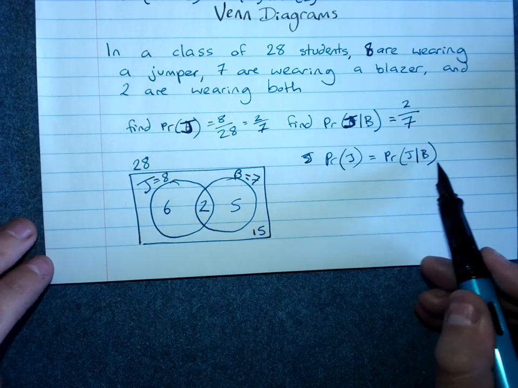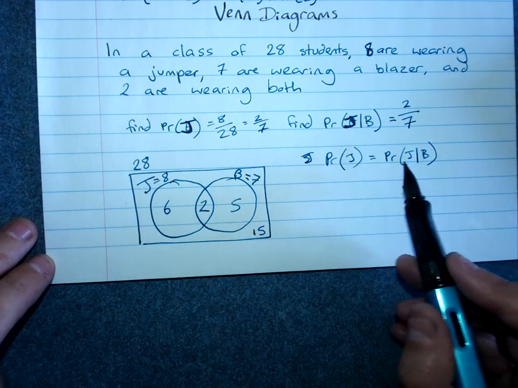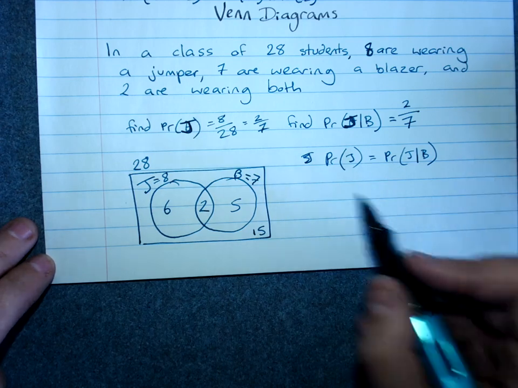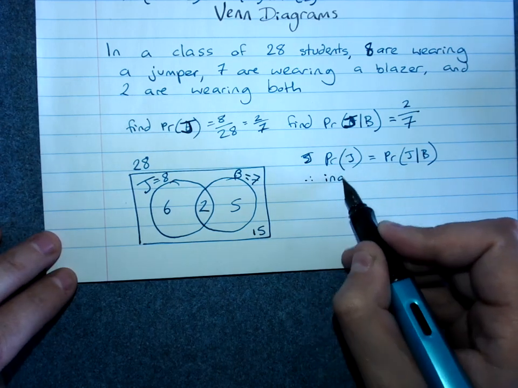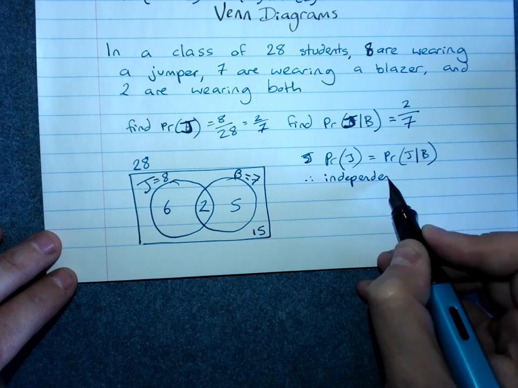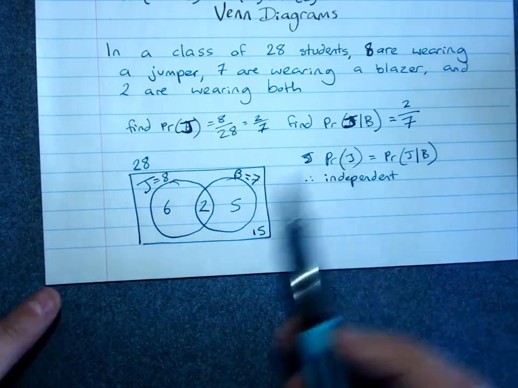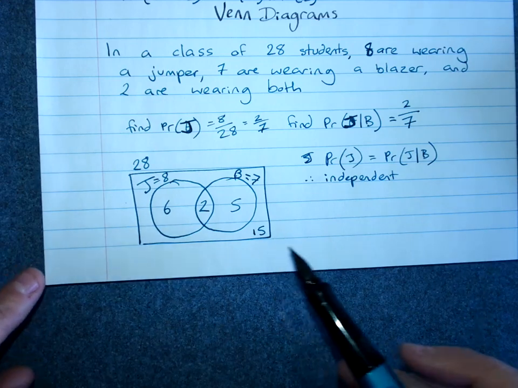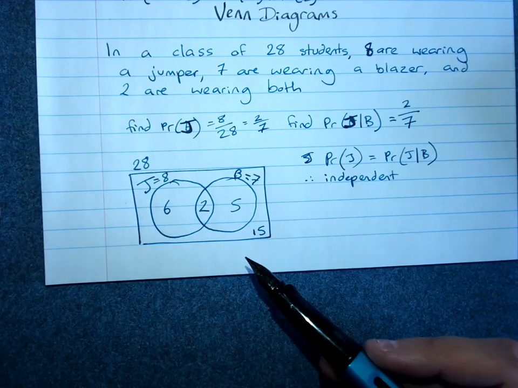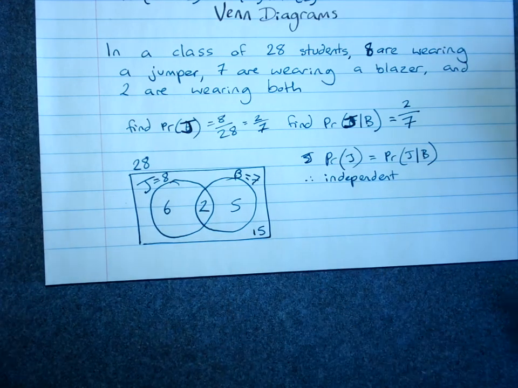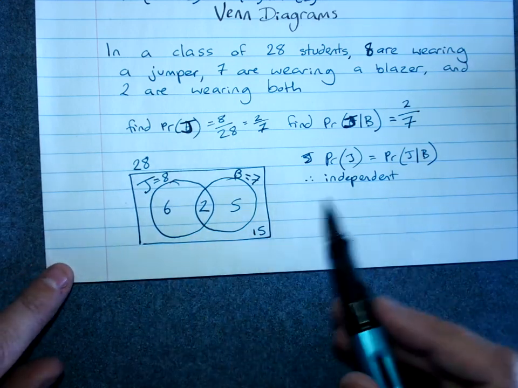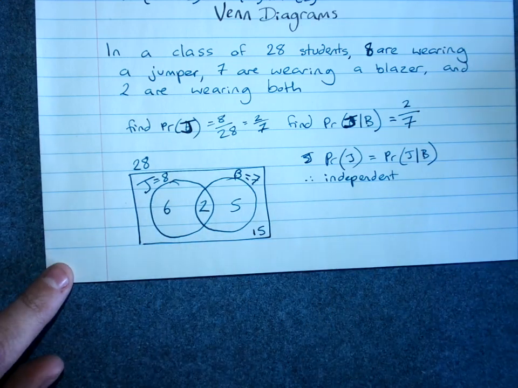That's saying that wearing a blazer hasn't affected the probability that you'll be wearing a jumper, so these events are independent. Now that's independent just for this scenario. If I surveyed another class who are wearing jumpers and blazers, I might find that you're more likely to be wearing a jumper if you're wearing a blazer, or less likely, something like that. But for this scenario, events J and B are independent.